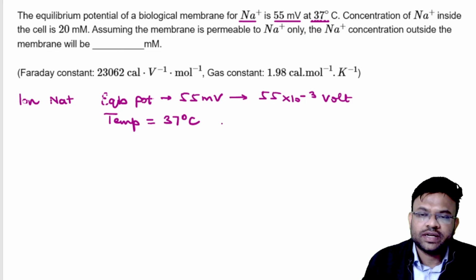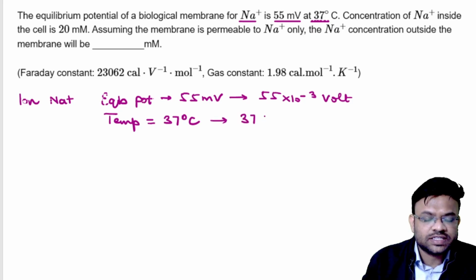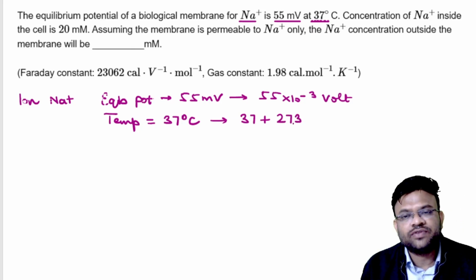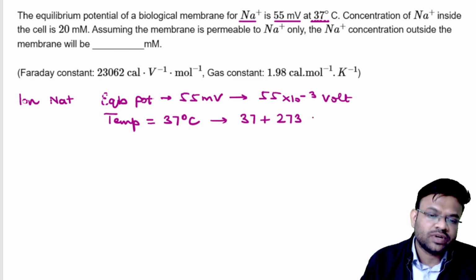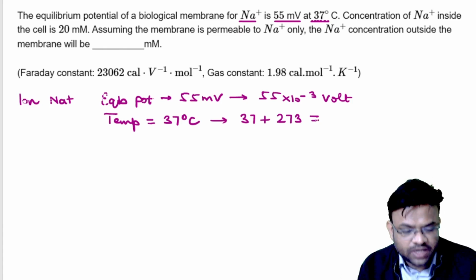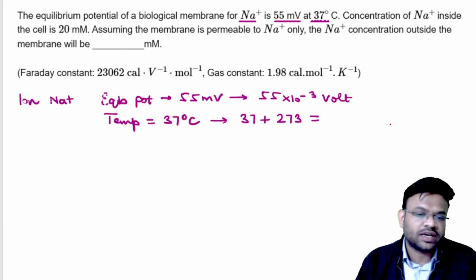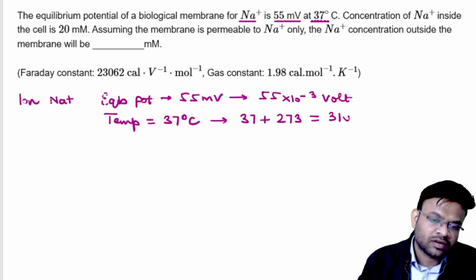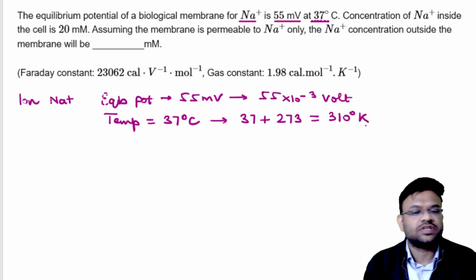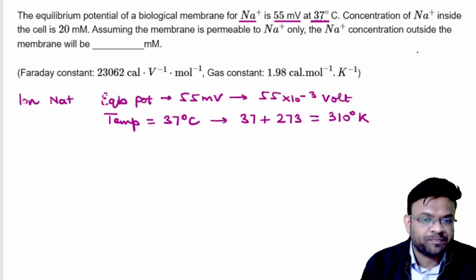To convert degree centigrade into Kelvin, you just add 273. So 37 plus 273 comes out to be 310 Kelvin. This would be the temperature. Now let us move on.